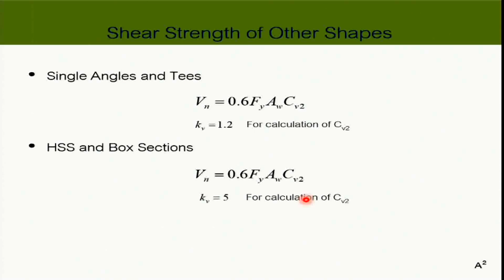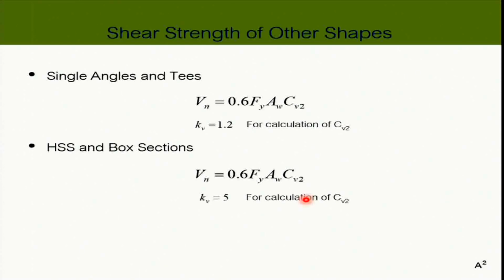This is also new. If you use single angles and T's and box sections to carry the shear, you're going to have to use CV2 now, which is actually the same CV. And I don't think, at least I can say for the hollow steel section and box, that you're going to have any web that is beyond the limit.